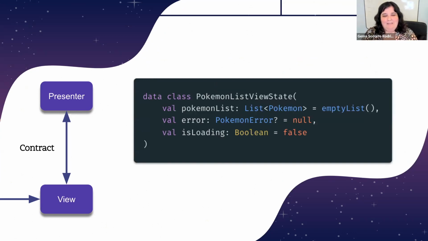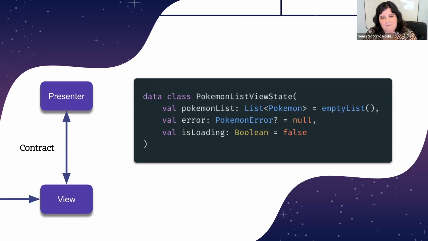So, for example, in the case of my Pokédex, I could have this data class where I will define the content of the list, which Pokemons we are showing on the screen, if there is any error to show, and also if it is in loading state. Okay, so this is an option. We could have a data class that describes the state of my view.